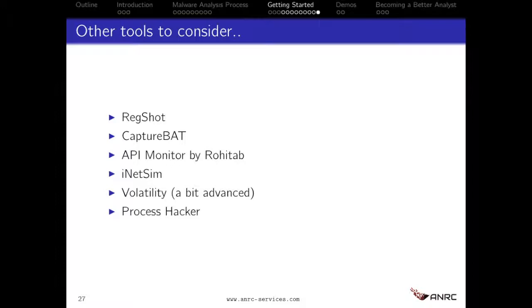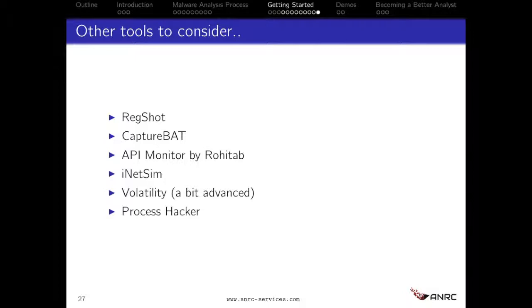API Monitor will give you an API trace by process, so you can see exactly what system calls it makes to Windows. INetSim will simulate a variety of network services, so you can just run INetSim on a services VM, and it'll emulate things like an SSH server, FTP, HTTP.